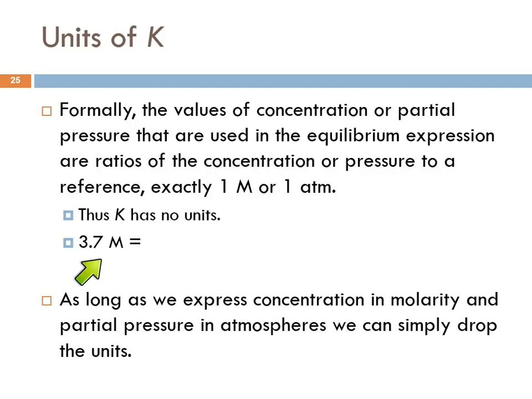So if you have a concentration of 3.7 moles per liter, what we're actually putting into the equilibrium constant expression is 3.7 molar to 1 molar. And so each of the concentrations are actually a unitless quantity. And that's why K ends up being unitless.